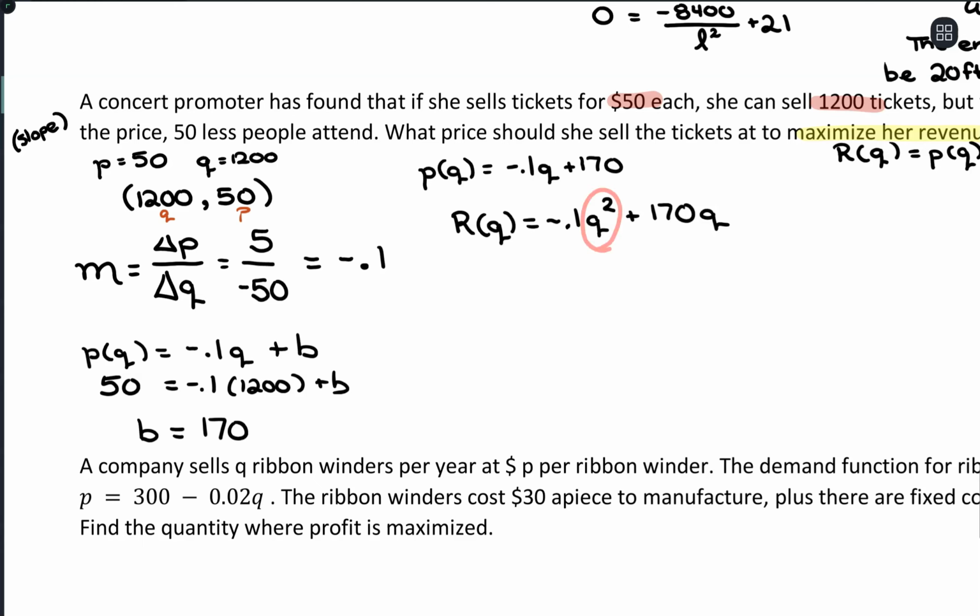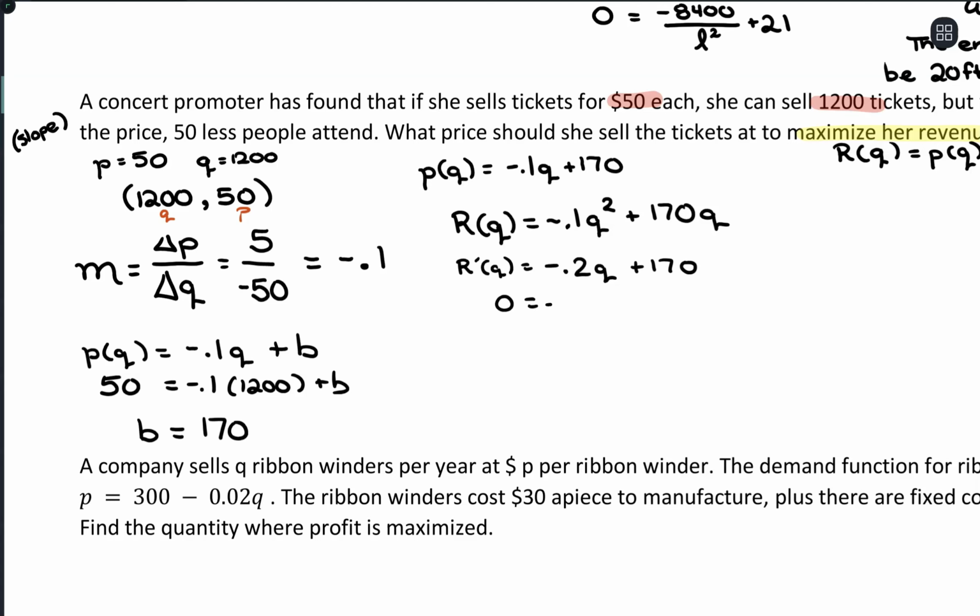Revenue is quadratic with that Q squared, and the value in front of it is negative. So this is going to be a parabola opening downwards, which means we are in fact getting a maximum value. Okay, so with that, let's take the derivative, which is negative 0.2 Q plus 170.